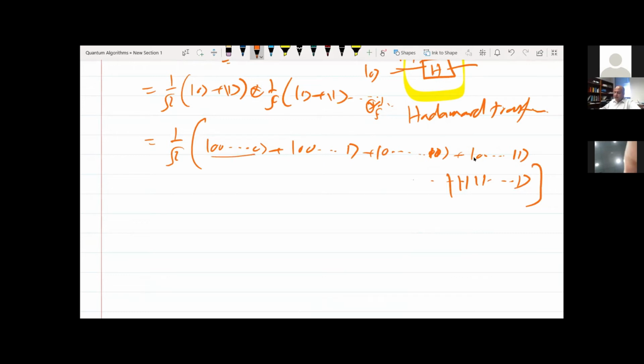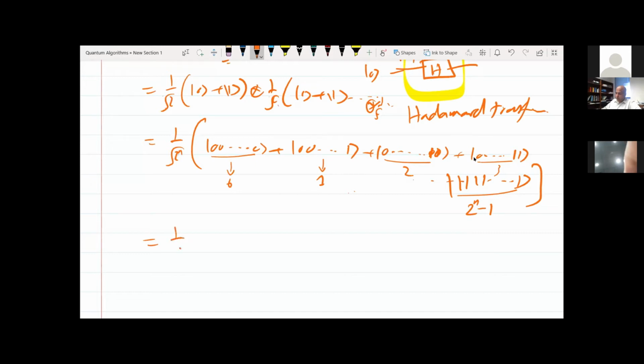Since we have n qubits, this corresponds to decimal 0, this corresponds to decimal 1, this corresponds to decimal 2, this is 3, and then the next state would be 4, and this goes up to 2 to the power n minus 1. And then there is this 2 to the power n, because there's 1 over square root 2 for all n qubits. So this becomes square root of 2 to the power n.